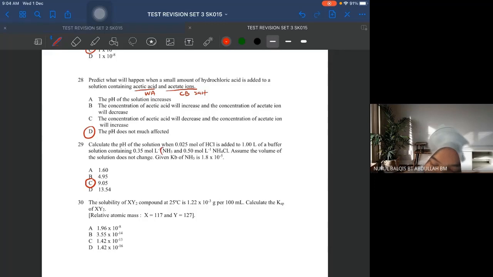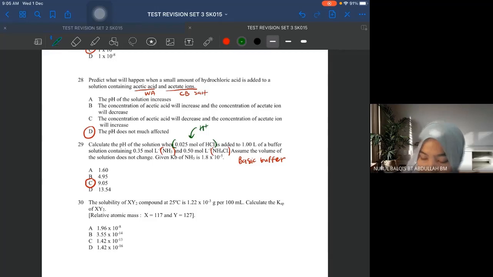So this NH3 and NH4Cl are the composition of a basic buffer. Okay, dalam basic buffer ni kita nak tambah small amount, kita nampak small amount daripada 0.025 mole of HCl, a very strong acid. So you want to add H plus to the basic buffer.